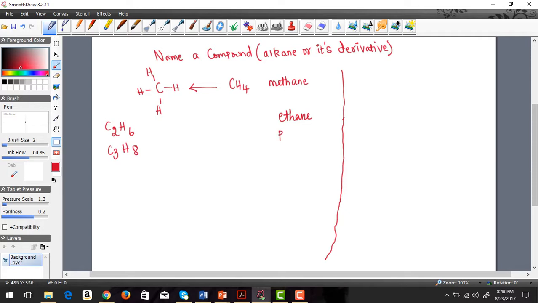Let me give you fundamentally how we're going to add some suffixes to it. So C4 is H10. All of these are alkanes, based off the general formula CnH2n+2. That's called butane, C5H12, that's pentane.